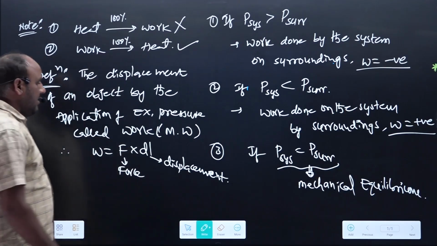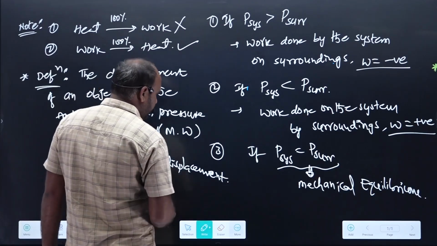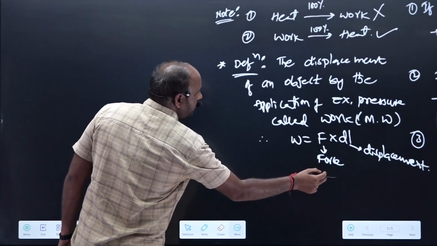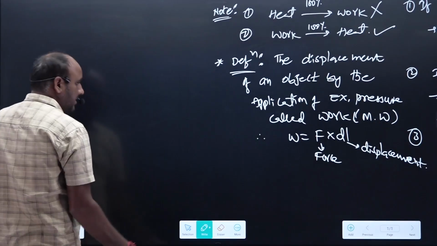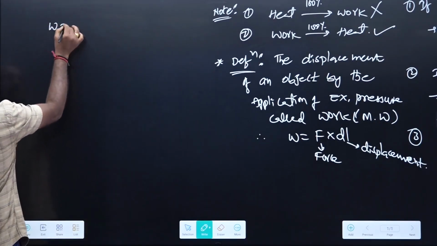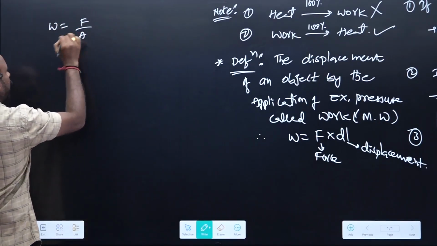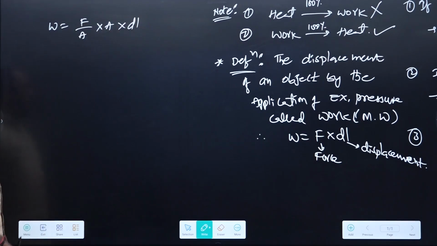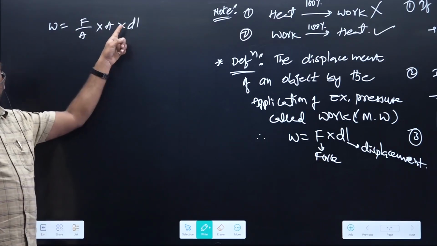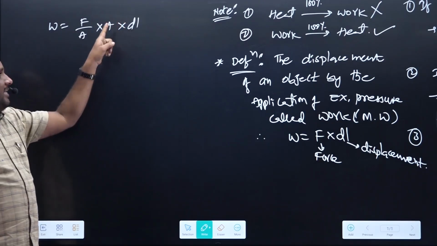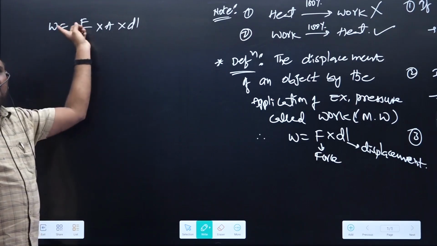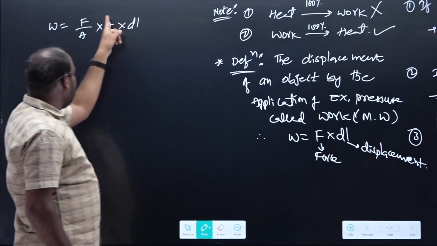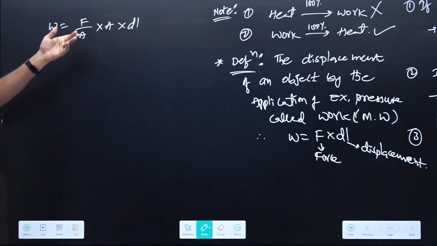Force is divided by area and multiplied by area, with displacement. By dividing and multiplying, is there any change in the value? A gets cancelled. What are we getting? F into dl. F into dl is called work.